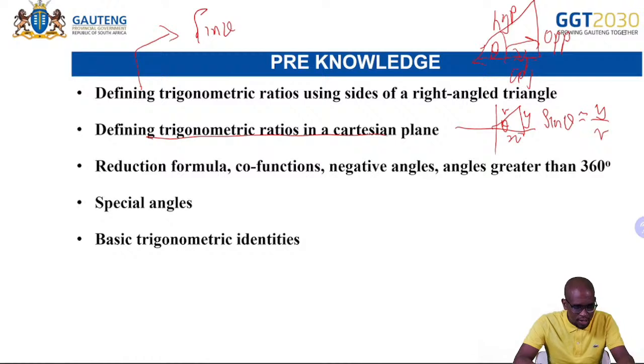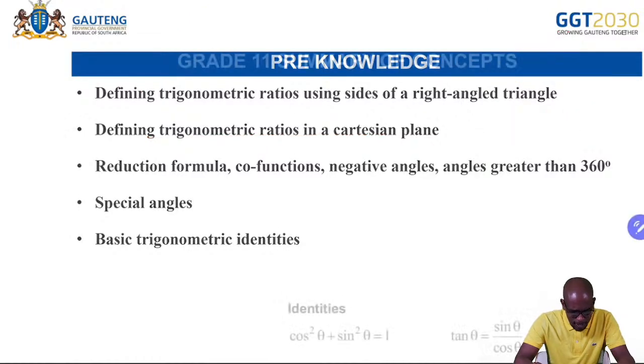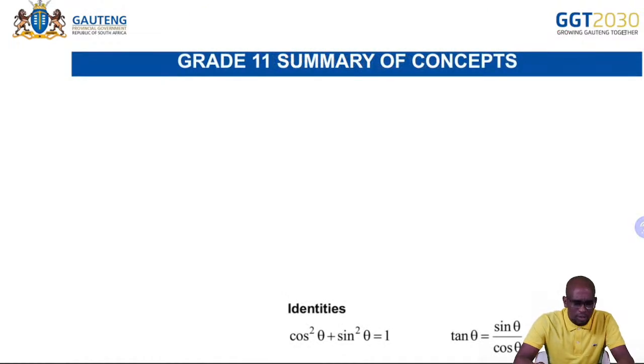And then from there, reduction formulae, cofunctions, negative angles, angles greater than 360, special angles, and basic trigonometric identities. Those are the things you should be bringing into this lesson, and those are the things that we did last week.